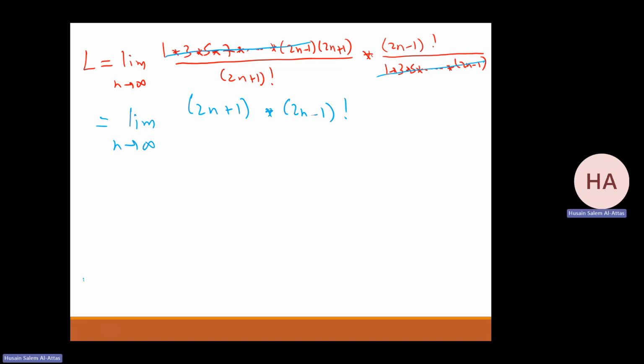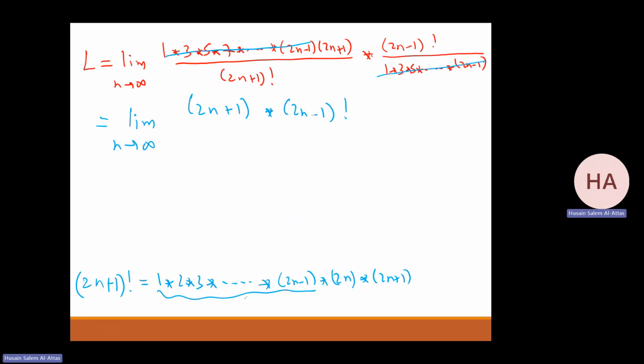If I notice, 2n plus 1 factorial is 1, 2, 3, until I reach 2n minus 1, 2n, 2n plus 1.